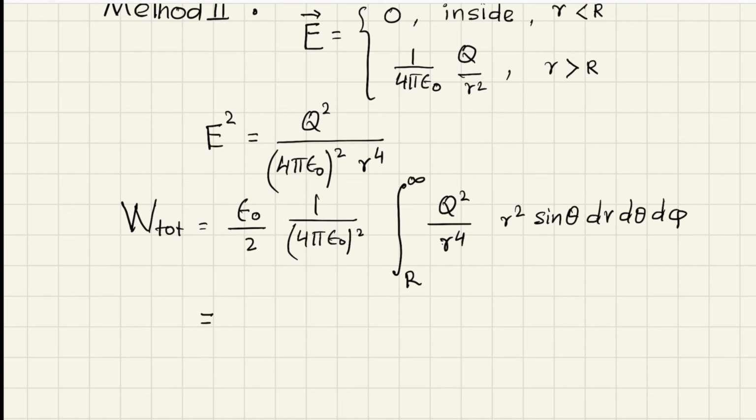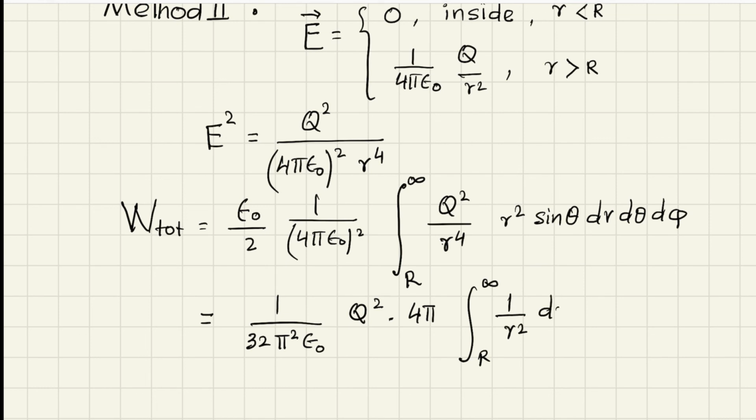So this is a traditional integral. The theta and phi integration will give 2 and 4 pi, and then for the r integration from R to infinity, I'll get only 1 by r square, dr. Alright, that is simple.